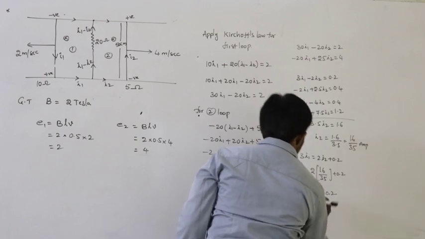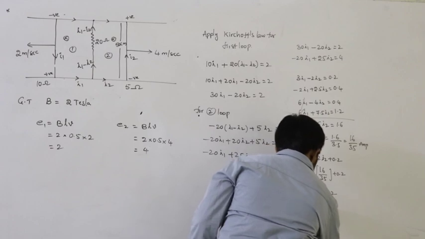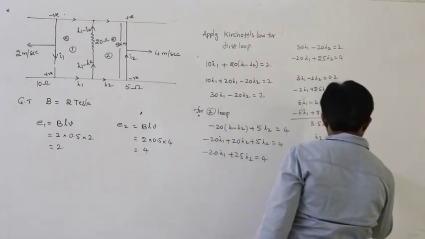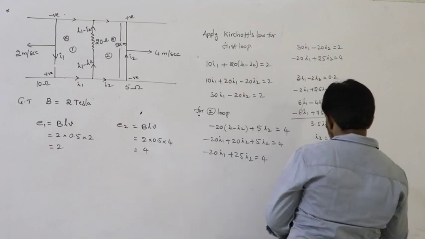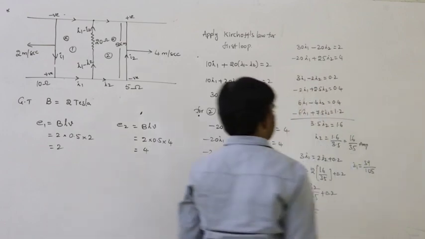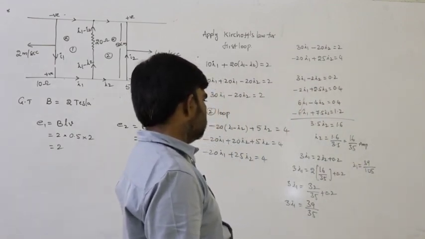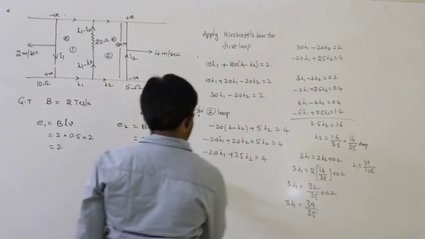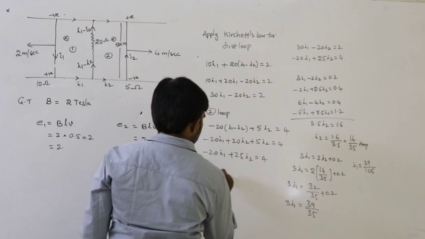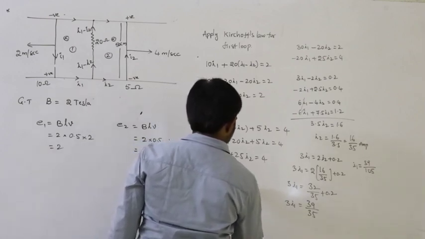So 3 I1 is equal to, 35 into 0.2 is 7, so 39 by 35. Therefore I1 is equal to 39 by 105. 39 by 105, that is I1. So therefore the current passing through the middle region is I1 minus I2, 39 by 105 minus 16 by 35.